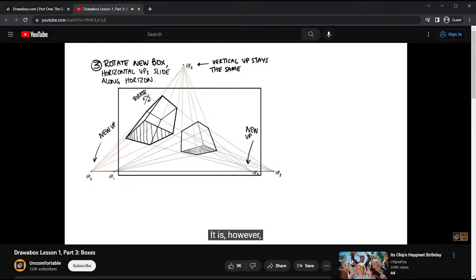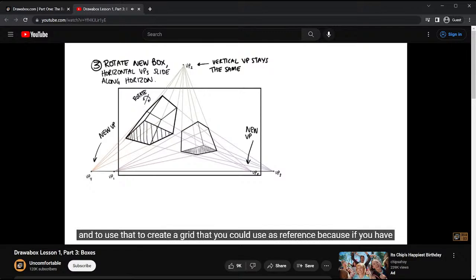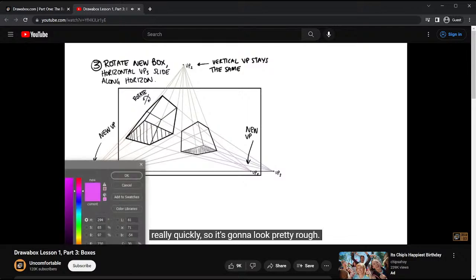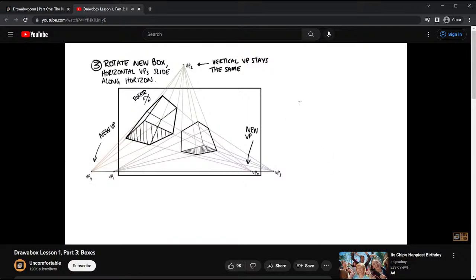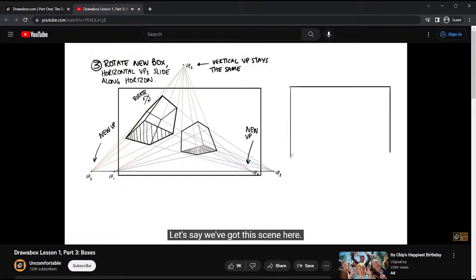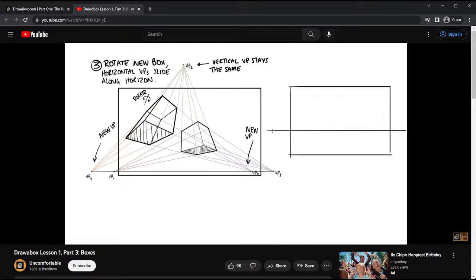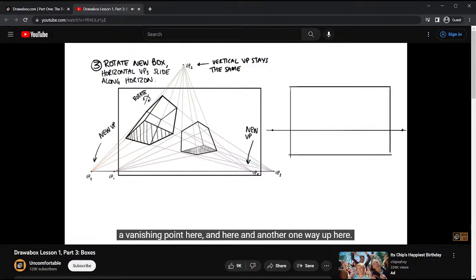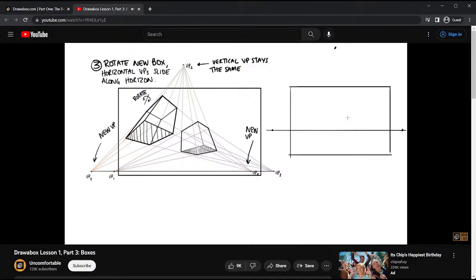It is, however, valuable still to actually set up an entire scene with 3 major vanishing points and to use that to create a grid that you can use as reference. Because if you have, now I'm going to throw this together really quickly so it's going to look pretty rough. Let's say we've got this scene here. I'm framing it out. And we've got a vanishing point here, and another one way up here.